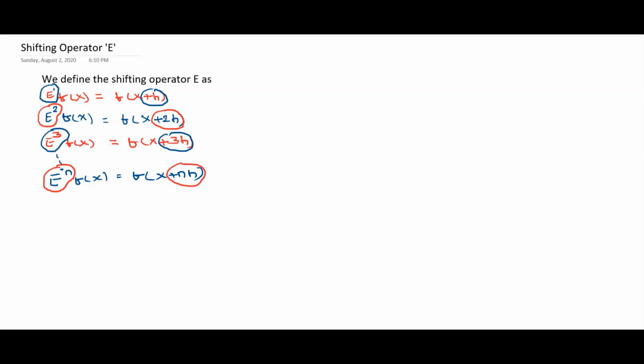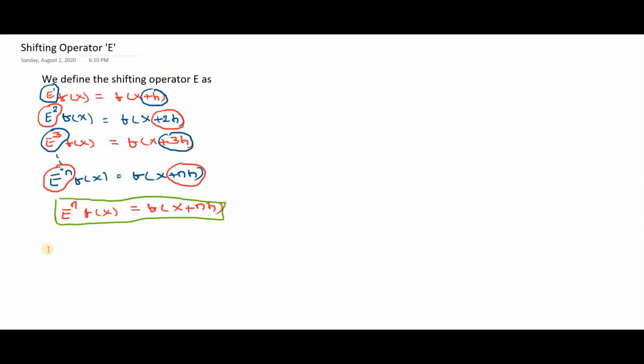Therefore, the shifting operator in general is E raised to n f of x equal to f of x plus nh. So this is called the shifting operator E.